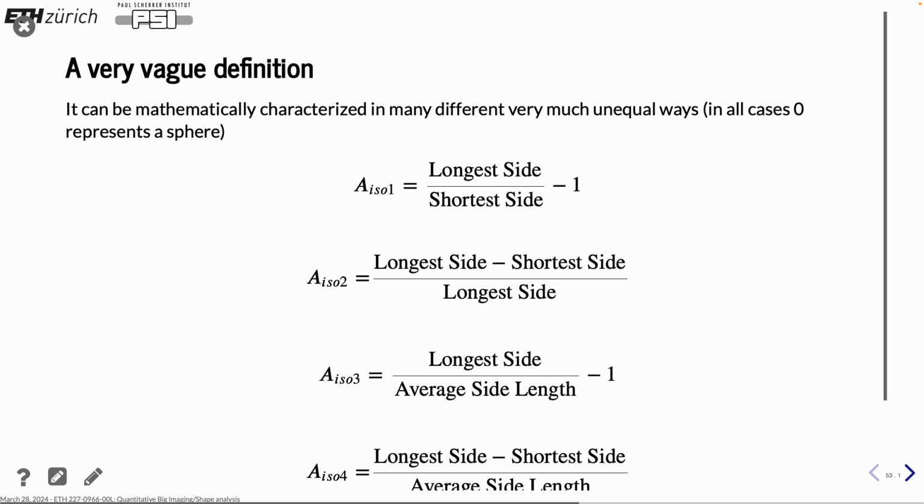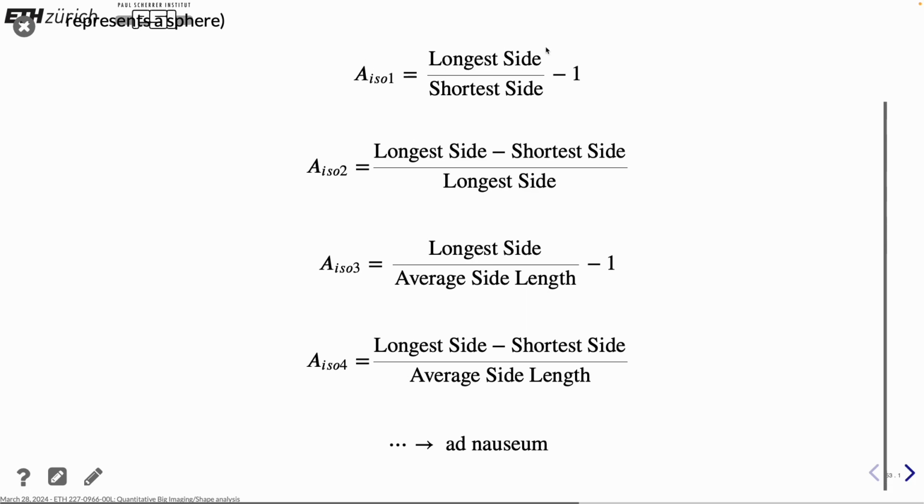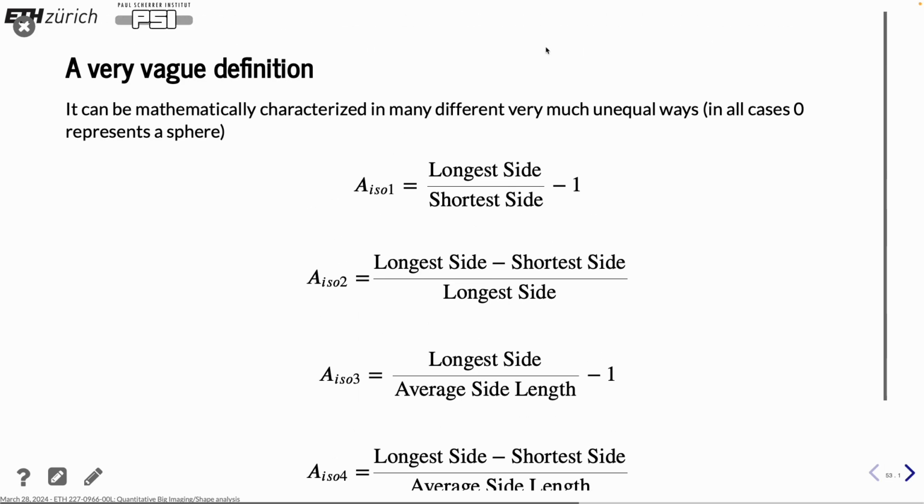In the end, it really depends on what you are interested in looking at, and that comes from your application. Actually, the most obvious one is not here: just longest over shortest. But that could also be added to the list.